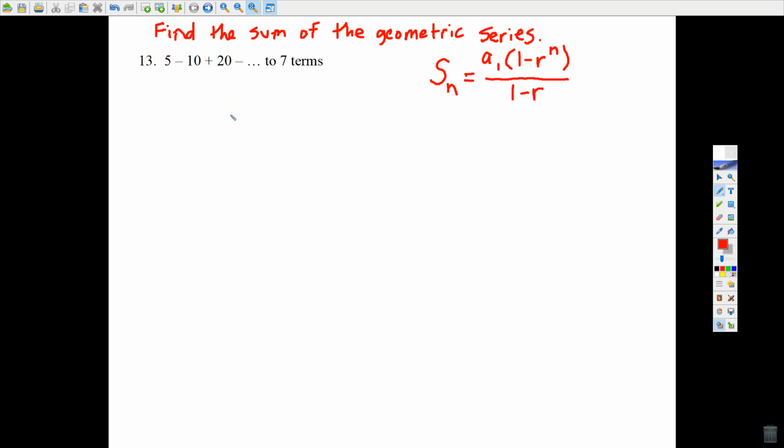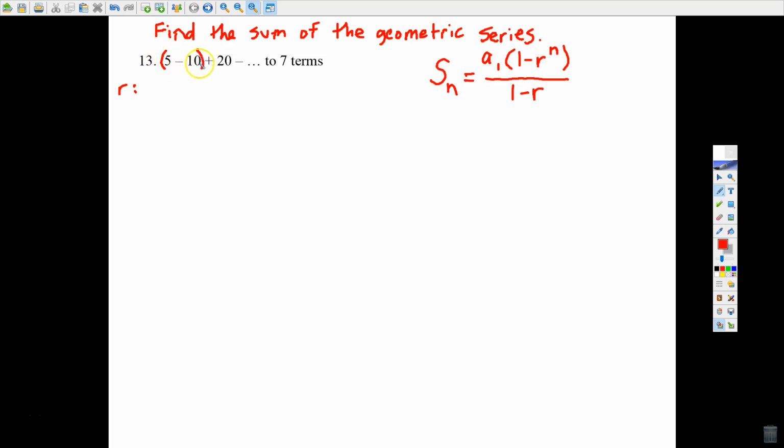What is that number that we're multiplying by each time to get from one term to the next? If that's a little troublesome for you to determine, you can always do some simple math. If you want to find out what R is, couple the first 2 terms of the series, always in this order.